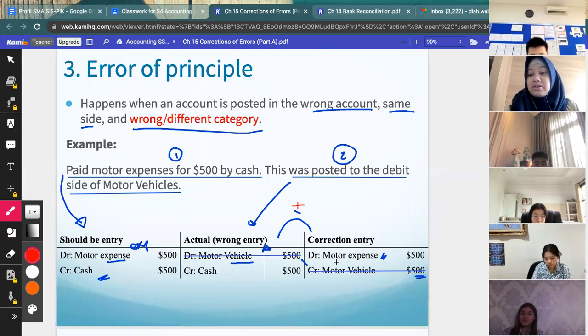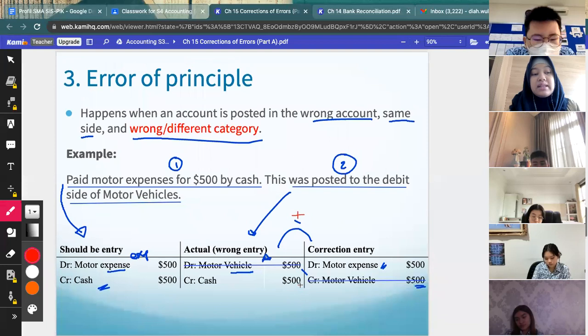So this is what we actually do: correction entry, making corrections at the end of the year or the end of the month, without having to trace back and erase what you have done before. Because imagine if you did that in February, you are making corrections on December.